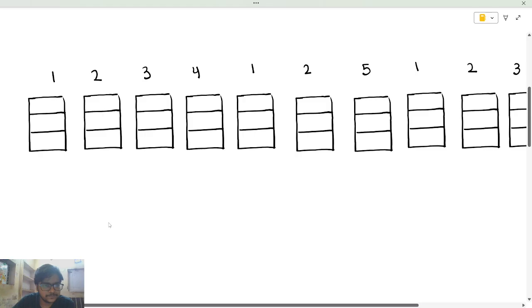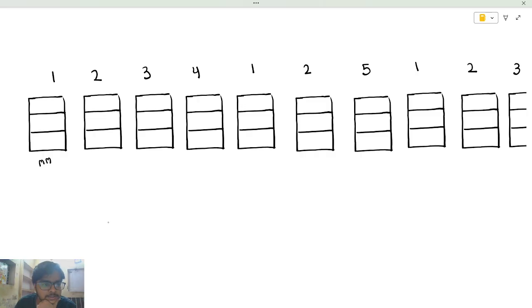So this is your main memory, and currently all frames are empty, there is no page, and the CPU requested page number 1. The CPU will see that no page is present in main memory, so the OS will bring it. This is called a page fault. A page fault happens here because the page couldn't be found in main memory.